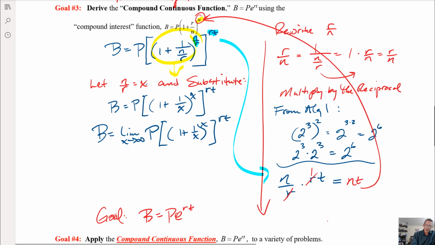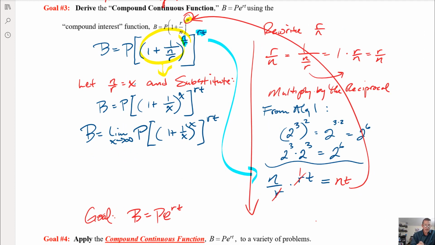Well, this can be proven later on, not now because we don't have enough mathematics, but you're allowed to distribute the limit inside a function like this. So really this is equal to p times the limit as x approaches infinity of 1 plus 1 over x raised to the x power, all raised to the rt power.